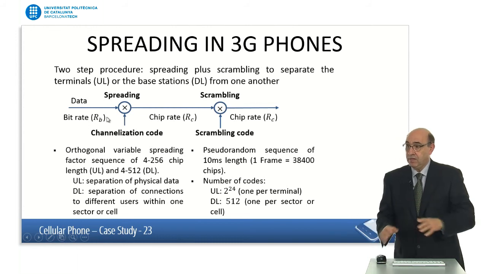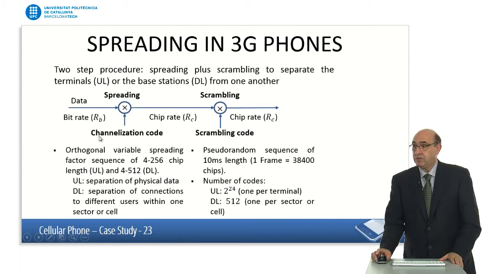All right? So the first family of codes is called channelization codes. And they are a family of codes like the one you saw before. The length of the code could go from 4 to 256 chips in the uplink and double in the downlink.